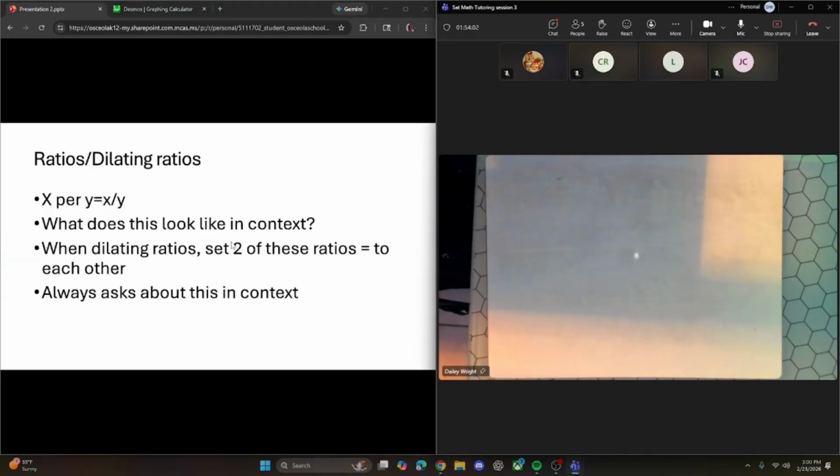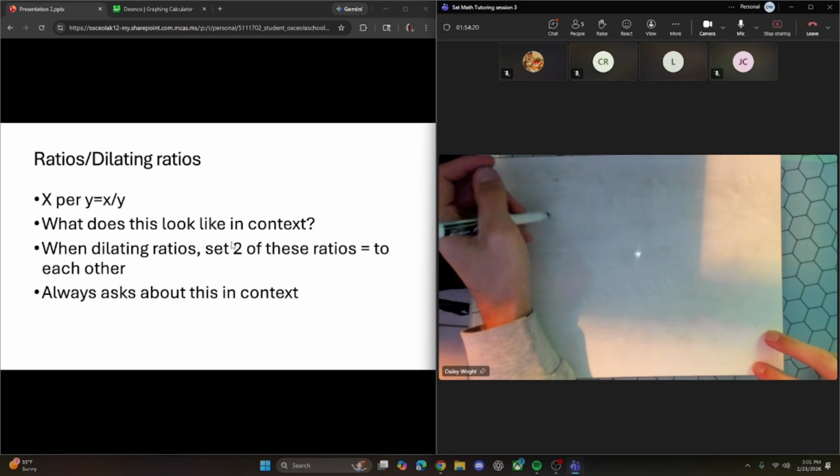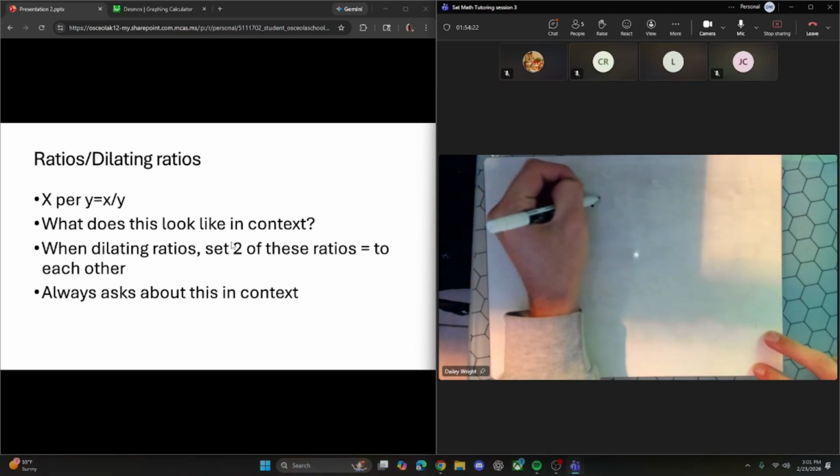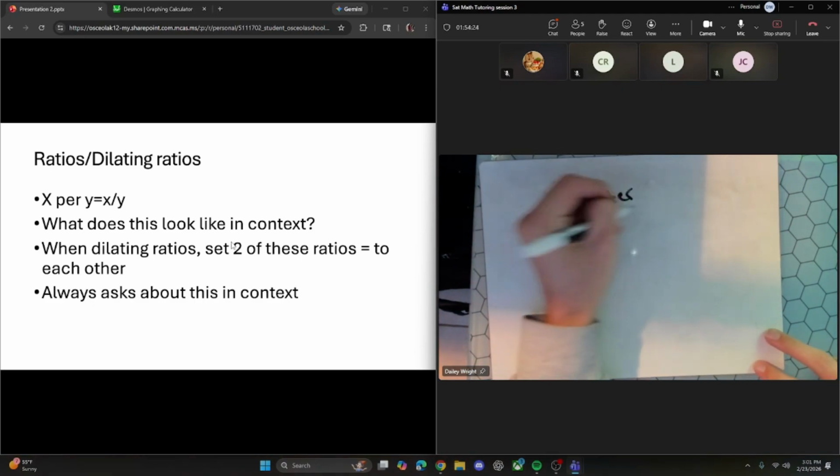Ratios and dilating ratios. This is a little confusing. You guys will get it once we do some problems in context. X per y is equal to x over y. And that might look confusing at first, but how you explain it is like we had meters per second.